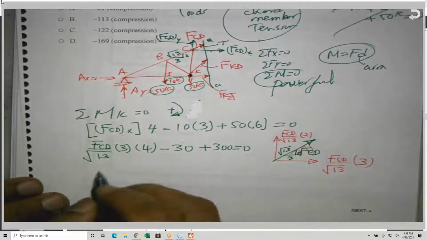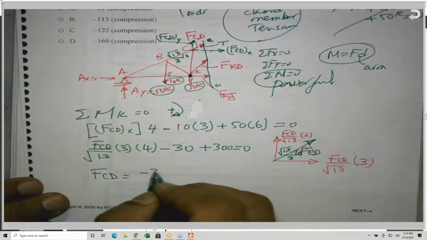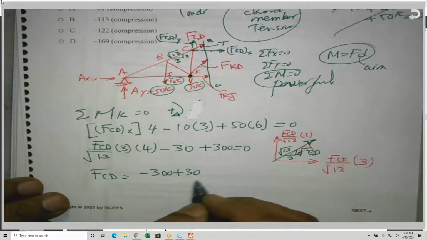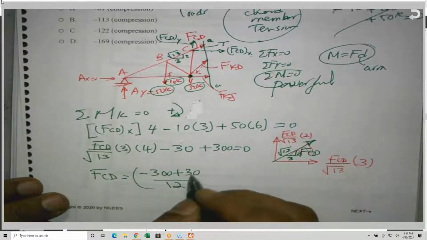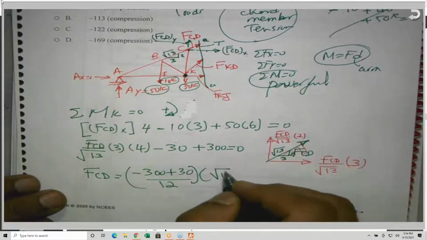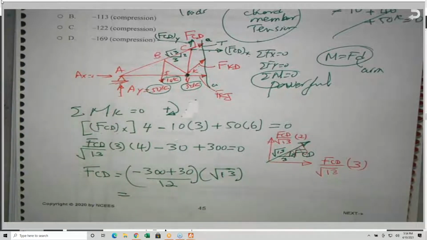So now I'm looking for the FCD. FCD is equal to negative 300 plus 30, divided by 12, and I'll multiply this by the square root of 13. If I do this simple math, hopefully we'll get a number that's among the 4 answers.